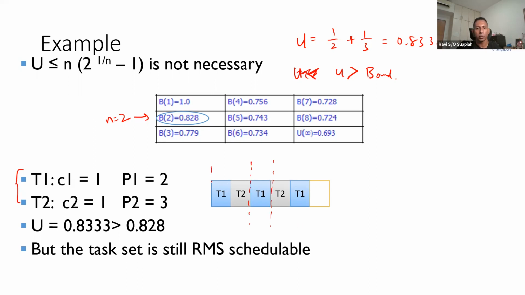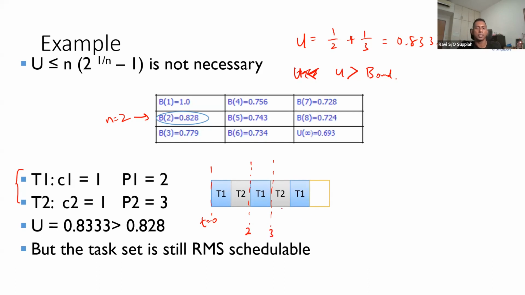At time t equals 0, if I were to start, T1 will run first, followed by T2. Then when the next instance comes, T1 will run, and then T2 will run, but I will not miss any deadline, because task 1's deadline is here, which is 2 units, and task 2's deadline is here, 3 units.